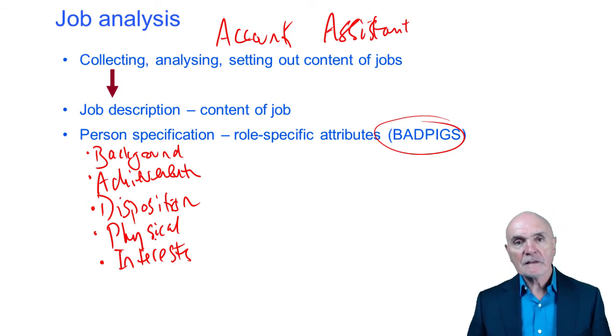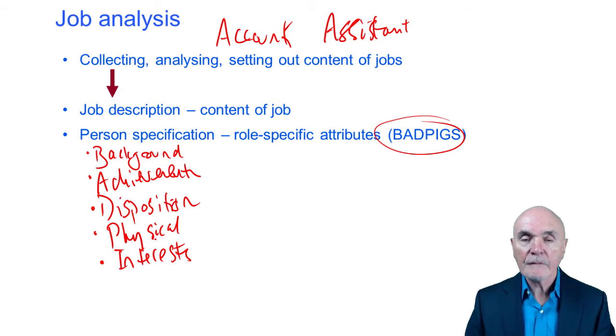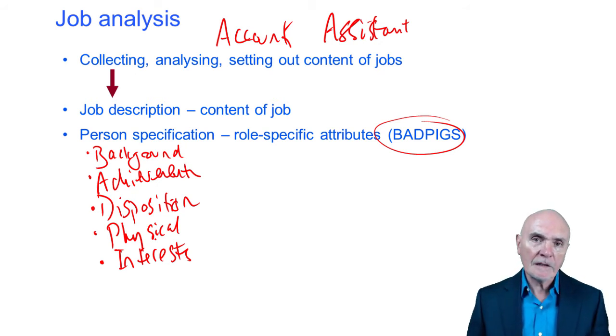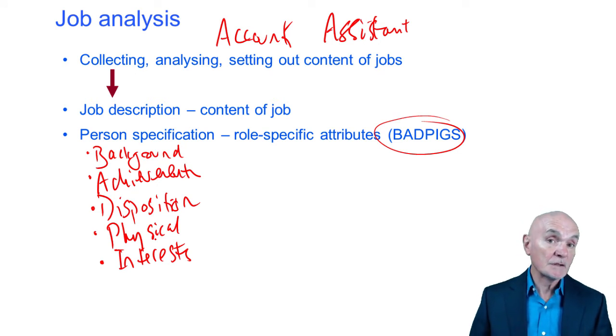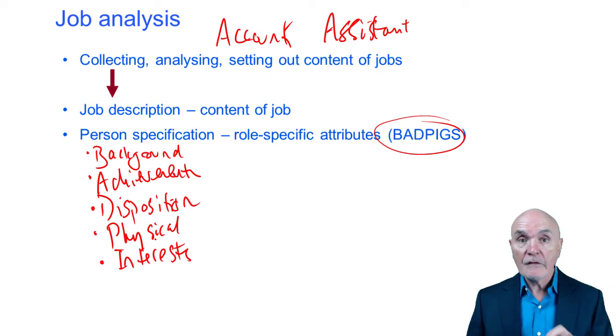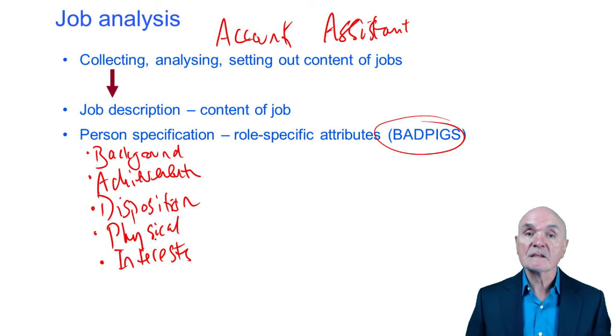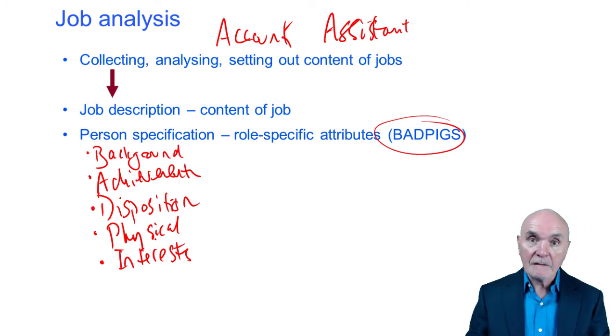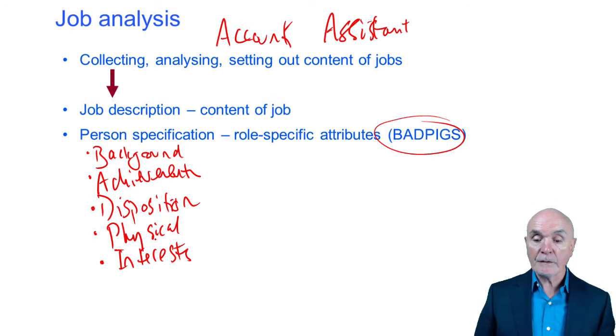If someone says that their hobby is bird watching, then you might conclude that this person is fairly introspective, maybe not the most sociable person, could be perfect in some sorts of jobs, but may not be the outgoing salesperson that you need for this particular post.